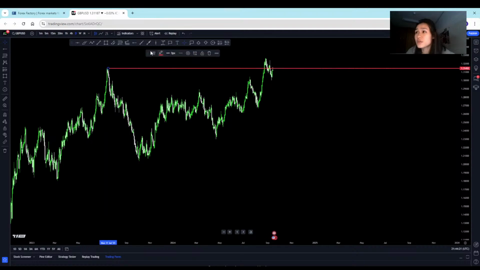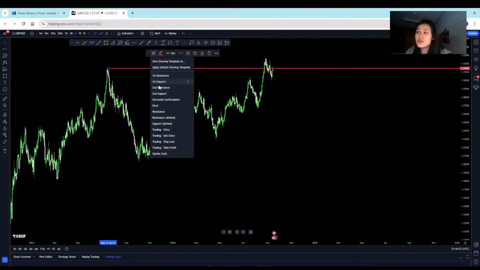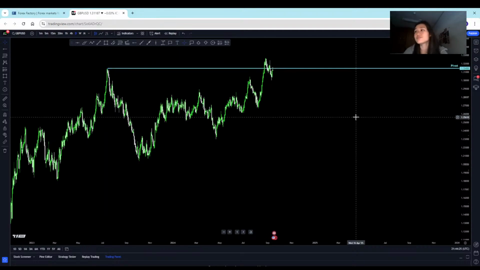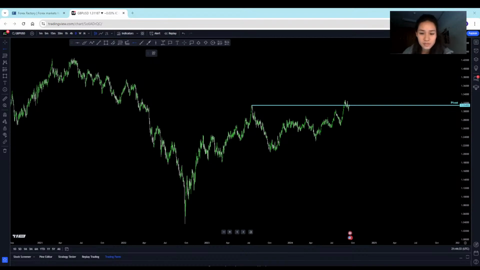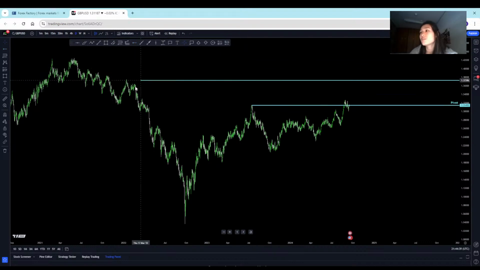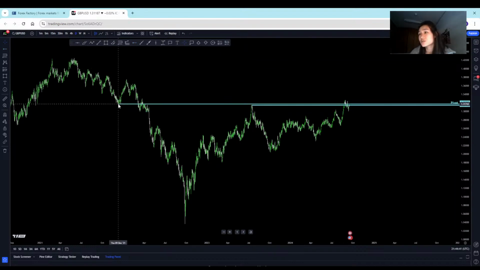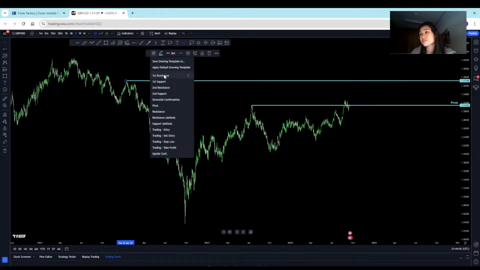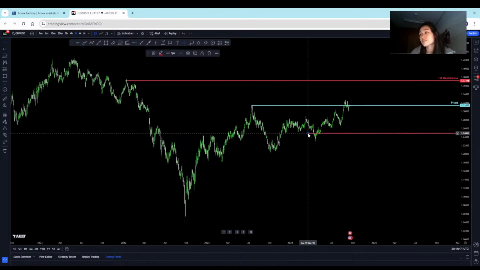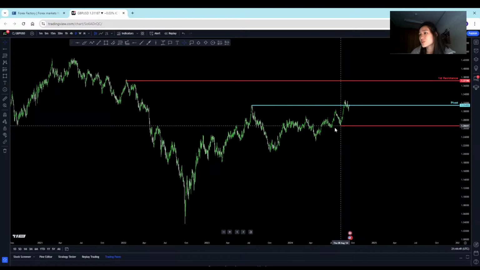So this is going to be my first resistance, or rather my pivot. Okay, my first resistance, I'm just gonna place it up here, and my first support just down here.